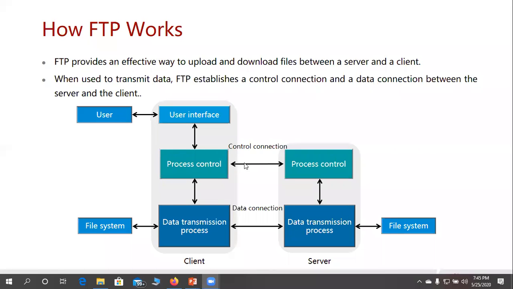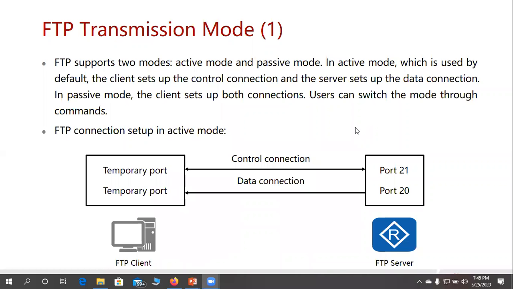FTP, how does it work? Of course, FTP uses two connections. It has to establish a control connection, and then it has to establish the data connection where the actual transmission of data has to occur. Okay, so FTP has got two modes, active mode and passive mode.